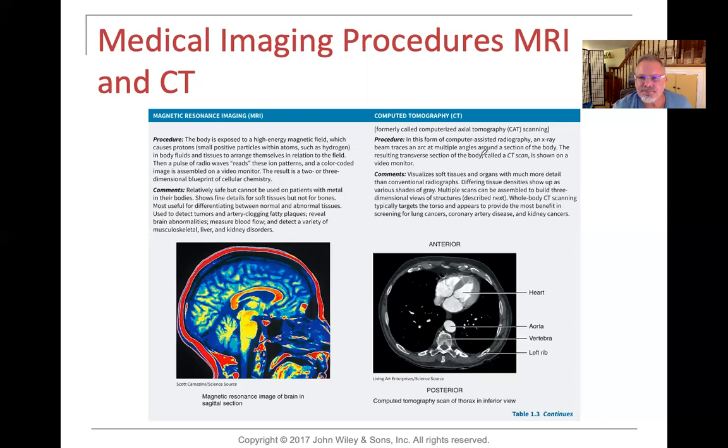So this one is an X-ray beam that traces an arc, right, at multiple angles around a section of the body, and it results in transverse sections. They can take different slices, if you would. So really, really great at looking at the heart, the lung, different cancers, and coronary artery disease.